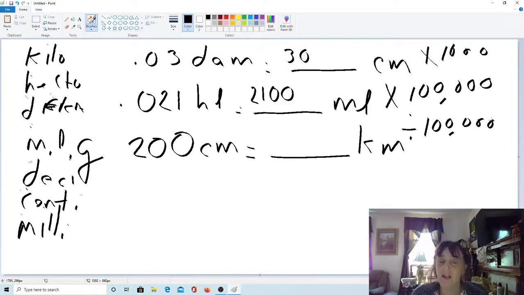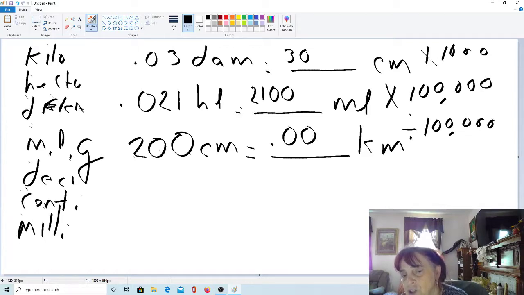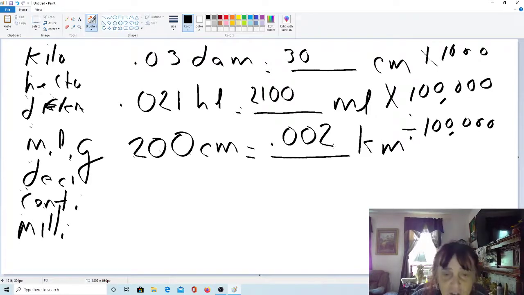You do not multiply, you divide. Divide by 100,000, which is 5 decimal places. So here's 1, 2, 3. You have to add 2 zeros in front of it. 0.002, and you can drop those zeros. Now if that was 259 centimeters, you couldn't drop the decimal places. But 0.00200 means the same thing as 0.002.